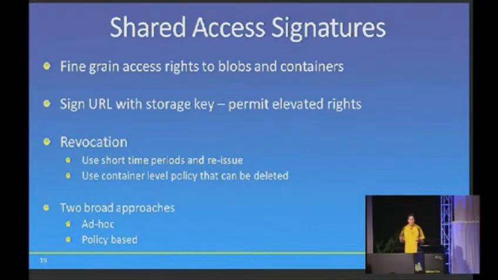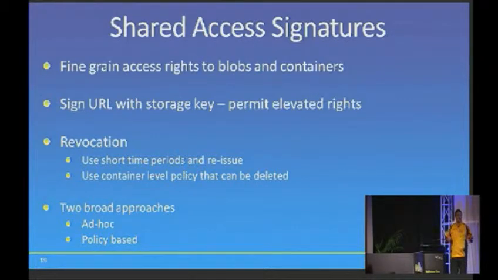So basically we take the URL, we add some properties for the expiry that we want to set, and then we digitally sign that URL using our storage key. The beauty of this is that we never have to compromise our storage key. Because the other option is, if you want to get download access to my blob, I'll give you the storage key. You let me know when you're finished, and I'll go to the Windows Azure portal, and I'll recycle my key. That's not particularly practical for most application purposes.